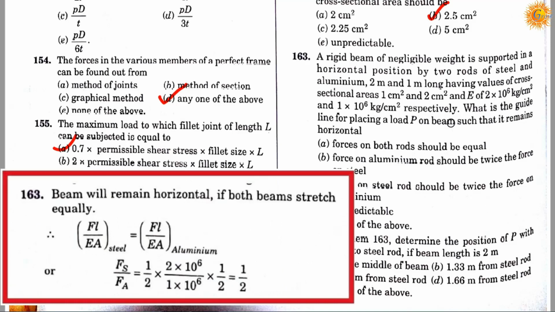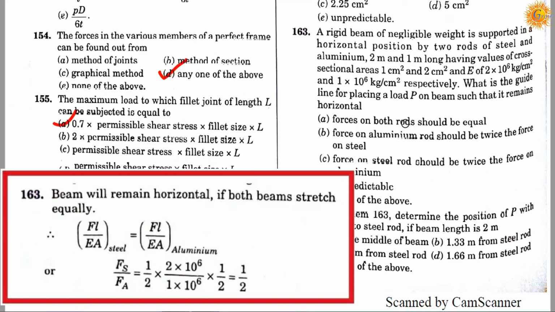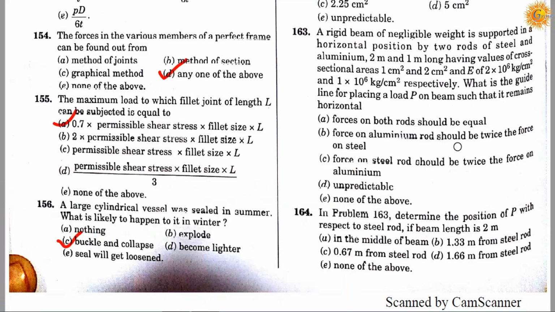What is the guideline for placing a load P on a beam such that it remains horizontal? Option A, force on both rods should be equal. Option B, force on aluminium rod should be twice the force on steel. Option C, force on steel rod should be twice the force on aluminium. Option D is unpredictable, and option E is none of the above. Correct answer is B. Force on aluminium rod should be twice the force on steel.